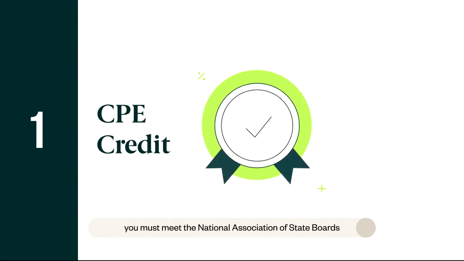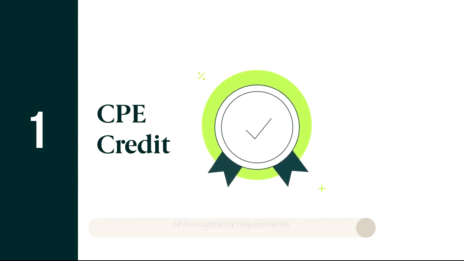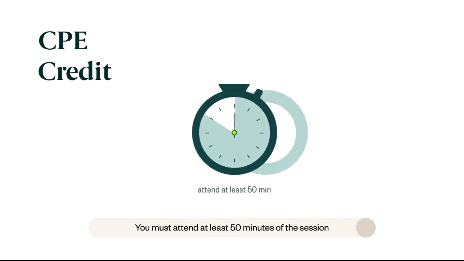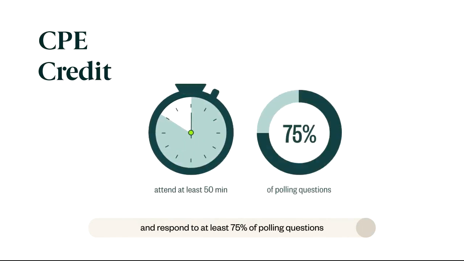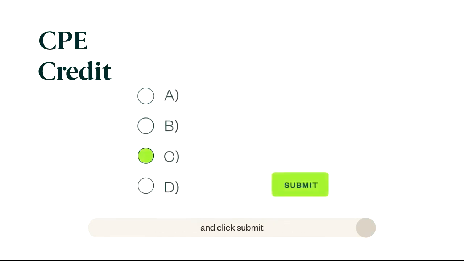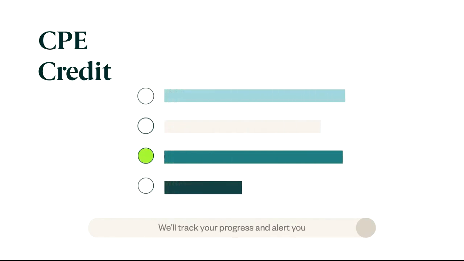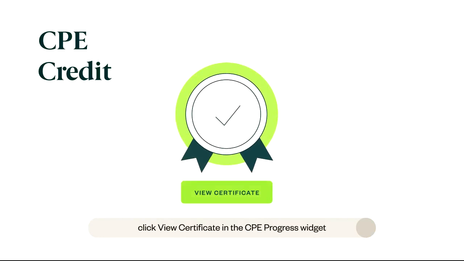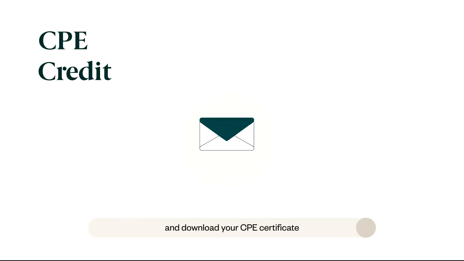To receive credit, you must meet the National Association of State Boards of Accountancy requirements. You must attend at least 50 minutes of the session and respond to at least 75% of polling questions. To participate in the polls, please check the button next to your answer within the slide window and click Submit. We'll track your progress and alert you when you've earned CPE credit. You can then click the certificate icon in the CPE Progress widget and download your CPE certificate.